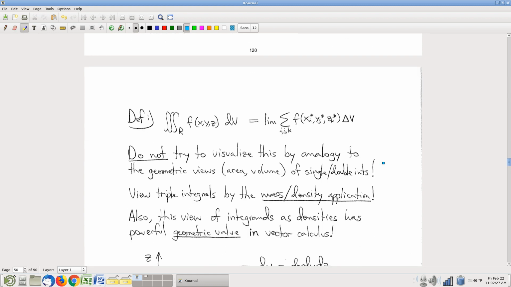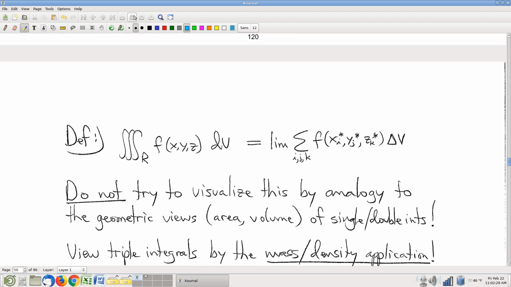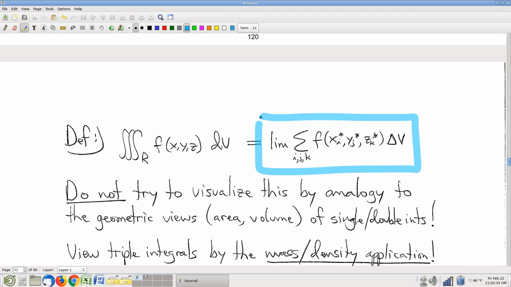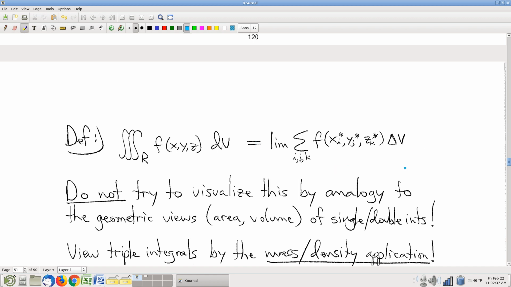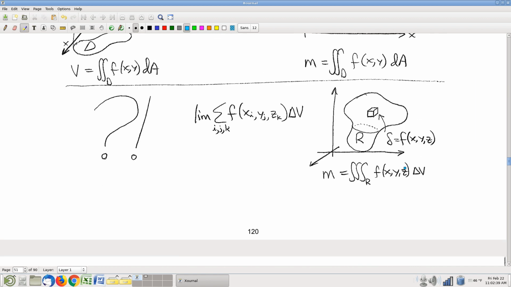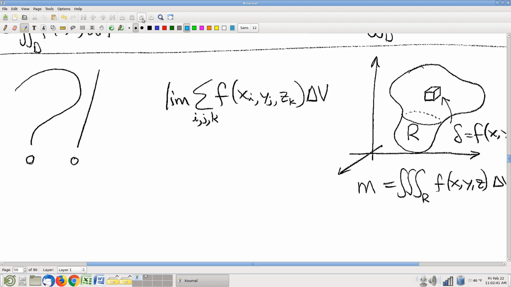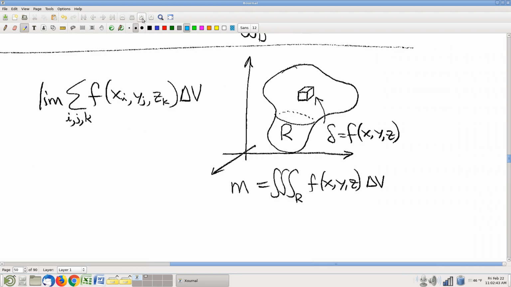Okay, so here's the formula stretched out. Breaking up a region into, here, let me go back to the picture over here. If I wanted to compute the mass inside of this thing, right, I would slice in 3 different directions.